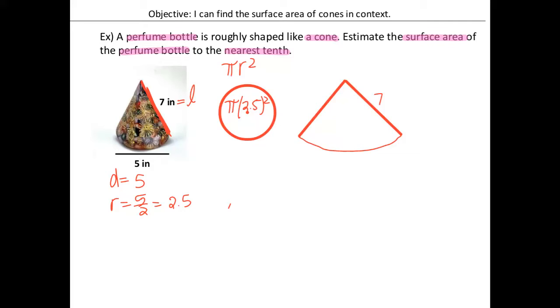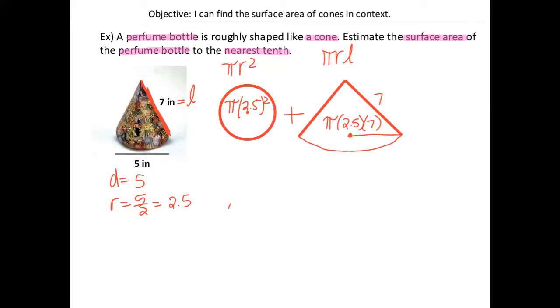And for my sector, it's going to be the same radius, from here to here. The formula for the sector is pi r L, so pi times the radius, 2.5, times the slant height, which is 7.